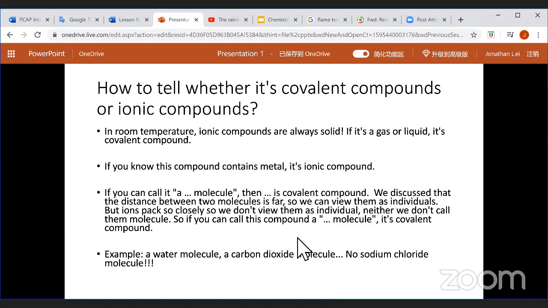But ions pack so closely, so we don't view them as individuals, nor do we call them molecules. For example, you can say a water molecule, a carbon dioxide molecule, but you can't say a sodium chloride molecule. So generally, if you can call something a molecule, then it is a covalent compound.